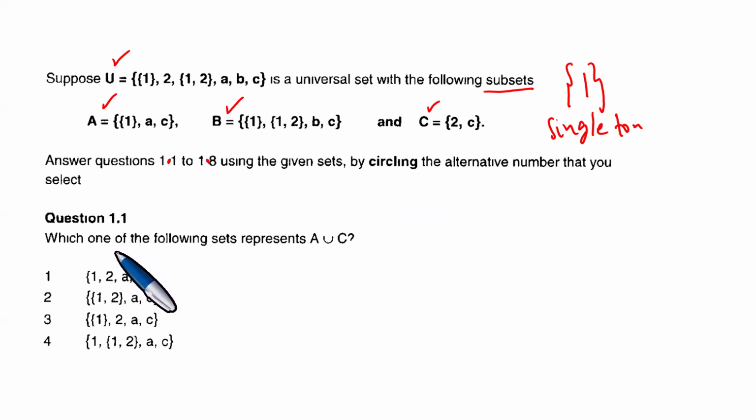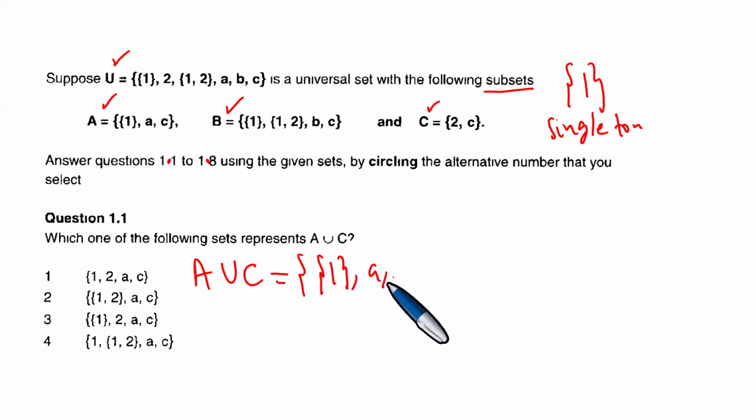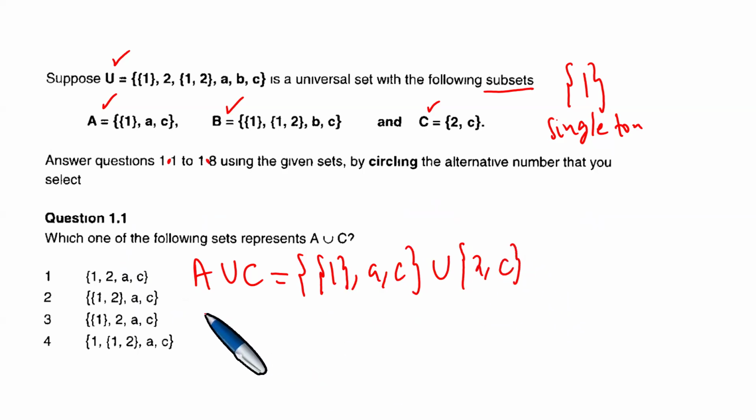Question 1.1, which one of the following sets represents the union A union B? Right, so we understand therefore that in this case, rather A union C, contains 1, A, C, and 2, C, which means therefore A union C becomes the following.